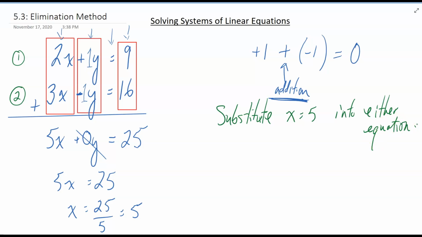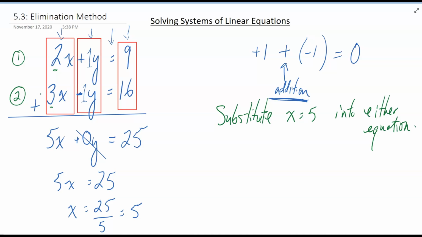That's one way. Or we could try to use the elimination method to eliminate the x's and solve for y. In this case, we don't have matching coefficients, so we would have to do something to make them match. And we can look at that in just a moment. Let's just solve using the substitution method first.